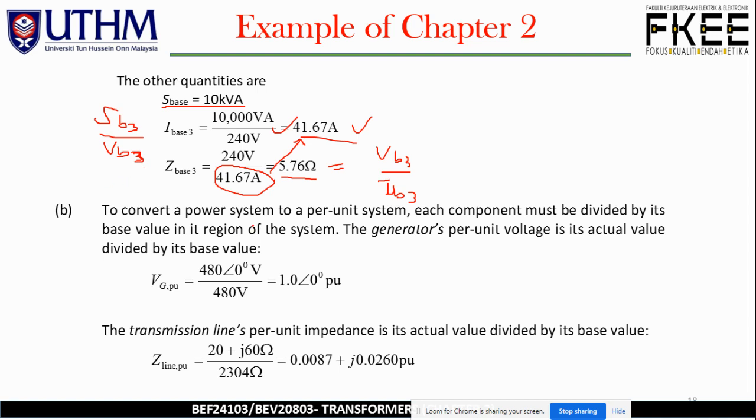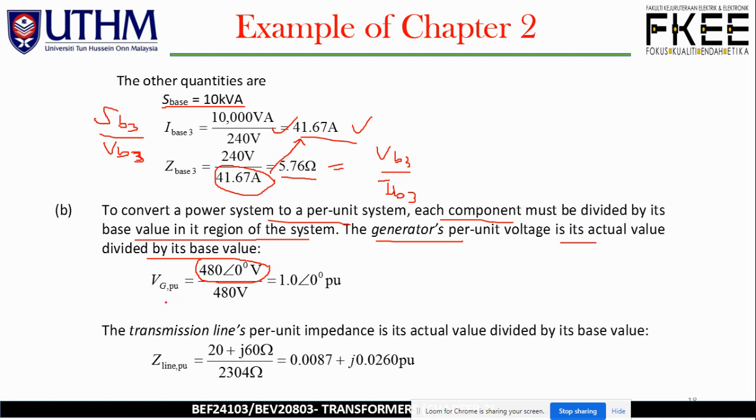Now, to convert the power system to a PU system, each component must be divided by its base value in its region of the system. So the generator's PU voltage is its actual value divided by its base value. This is the actual value of the generator, VG.